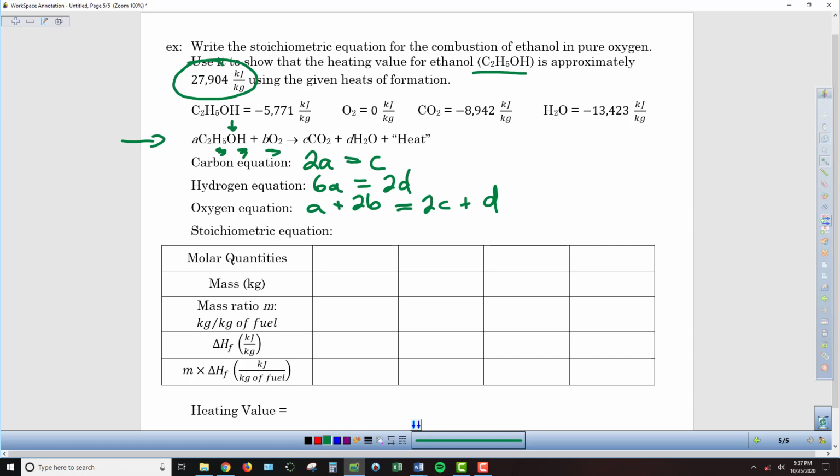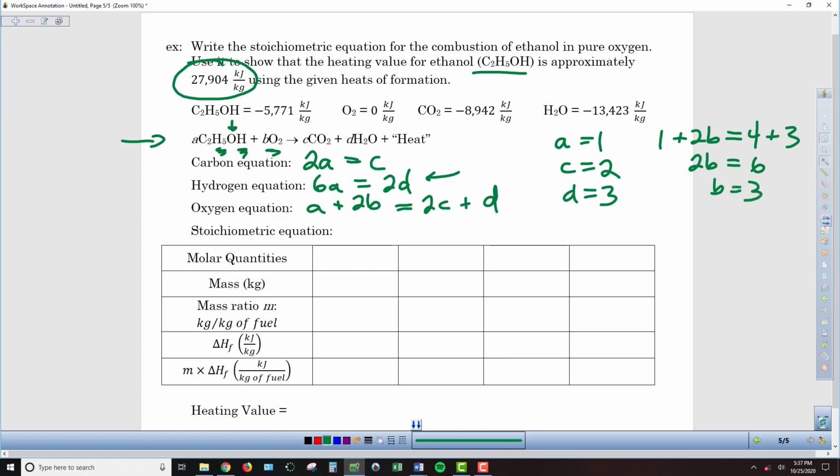So if I start off with A equaling 1, that'll mean C equals 2. So if I plug in A is 1 into this next equation, we get 6 equals 2D, or D equals 3. And then finally, that means we can plug in 1 for A plus 2B equals 2 times 2 is 4 for the C, plus 3 for the D. And so we've got, if we subtract 1 from both sides, 2B equals 7 minus 1 is 6, or B equals 3.